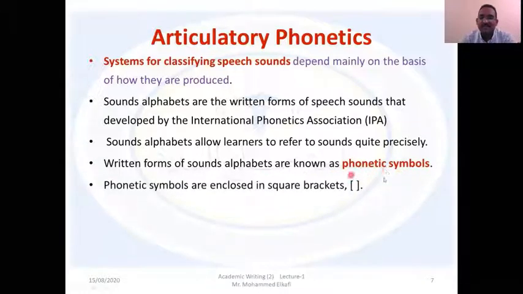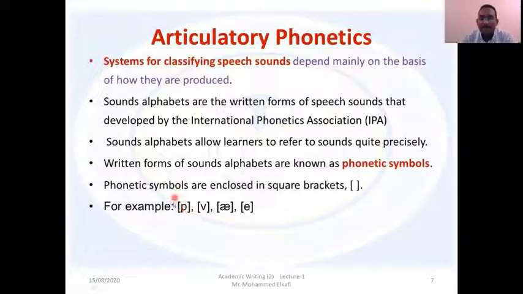This term, phonetic symbols, will be used in some different areas in this course. Phonetic symbols are enclosed in square brackets, like this one. It's known as square brackets. For example, here we have some phonetic symbols.